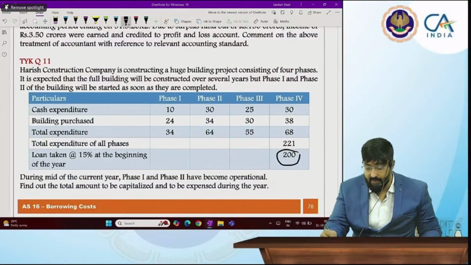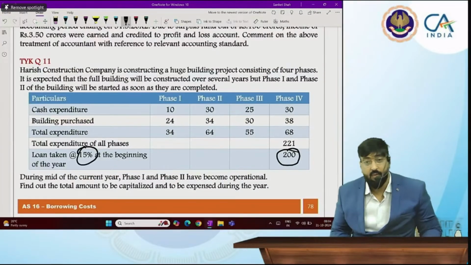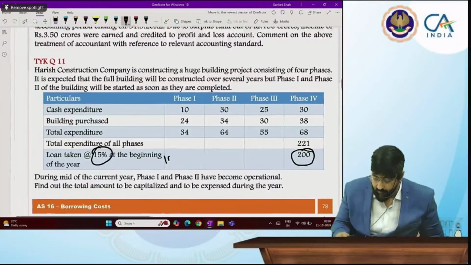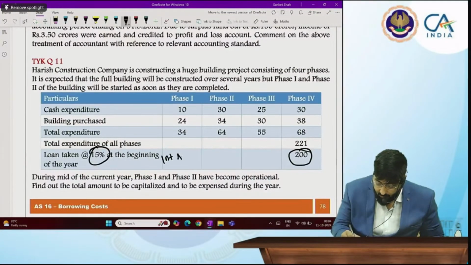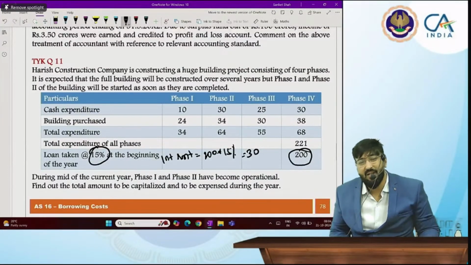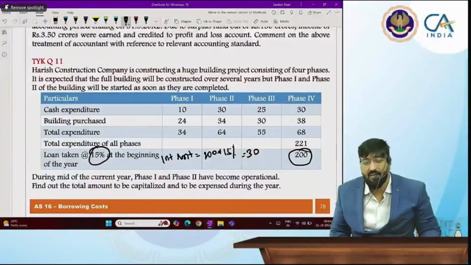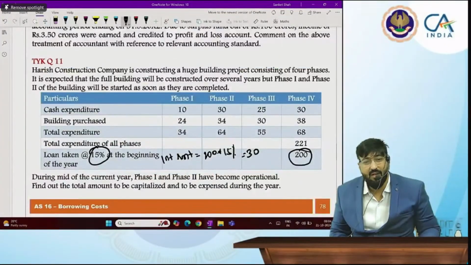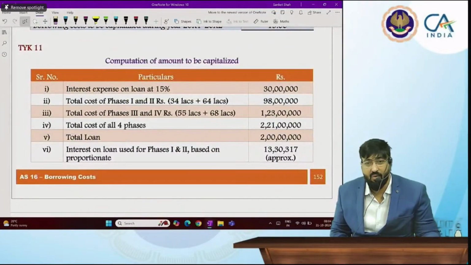What is the interest amount? 200 into 15%, 30. Why are you using a calculator for this? Does anyone use a calculator for 15%? Directly 15 twos are 30, it's that simple. So 30 lakhs.